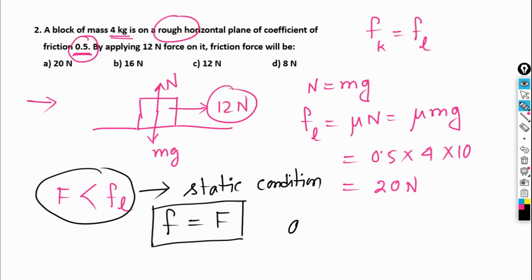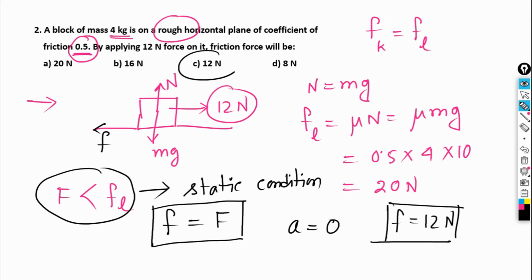There will be no acceleration, acceleration equals 0. So our answer, frictional force equals 12 Newton. Which one is the correct option? The correct option is this, 12 Newton. Clear? This is a 1 mark MCQ question, so you have to solve it quickly.